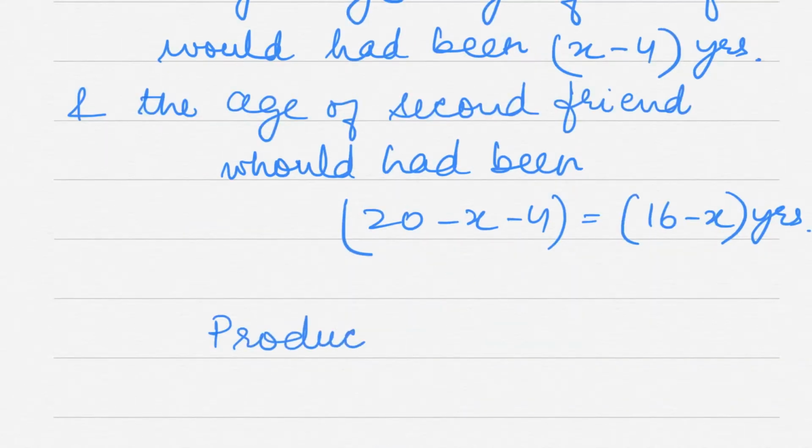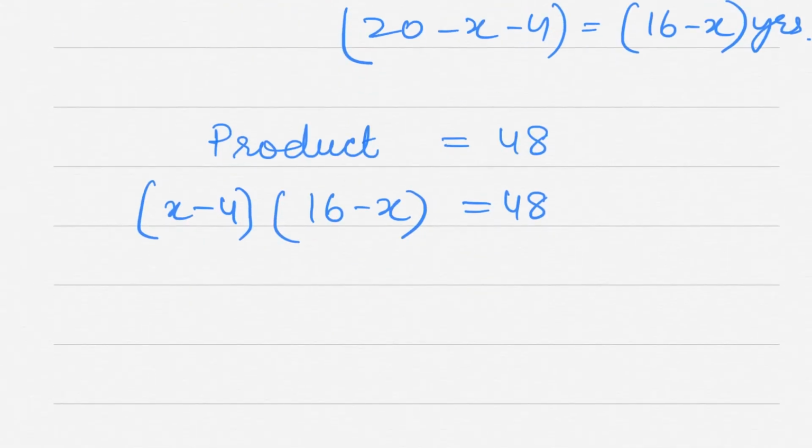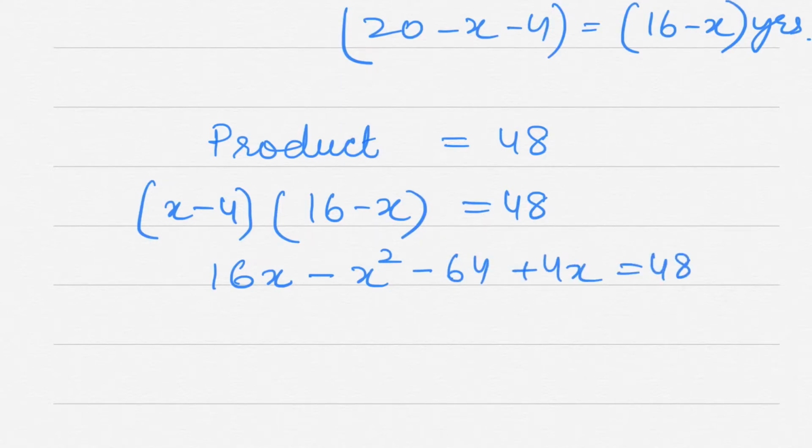The product is 48. So one friend's age was x minus 4, the other was 16 minus x, and that is equal to 48. Let's solve it. So 16x minus x square minus 64 plus 4x is equal to 48.